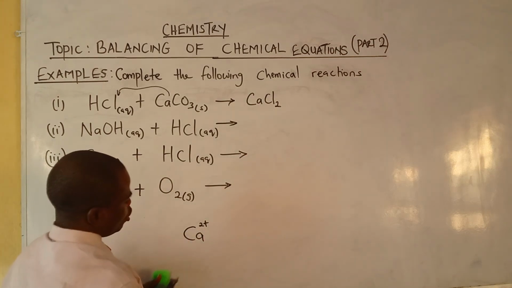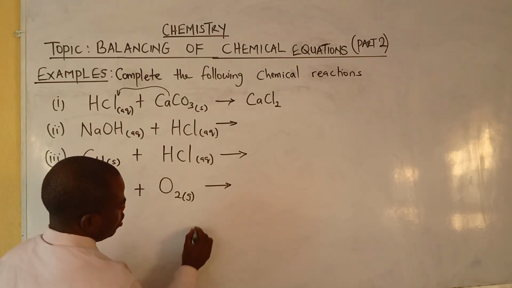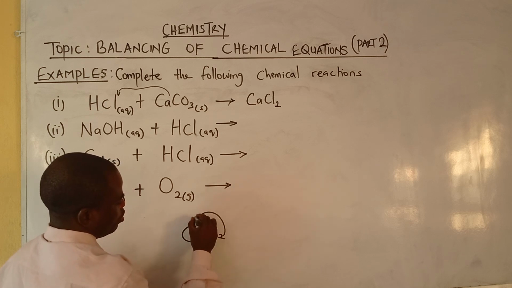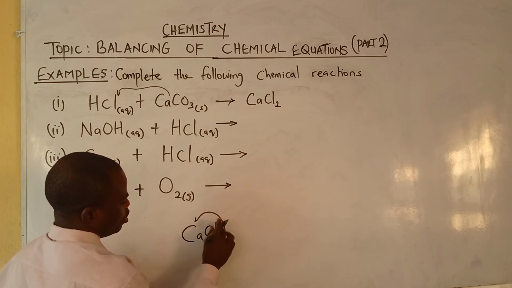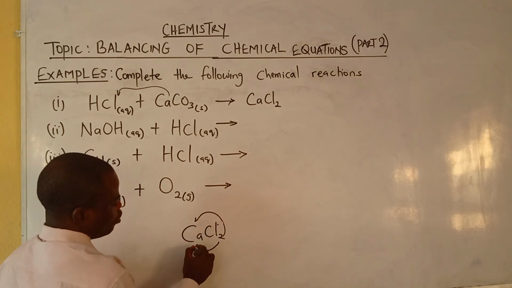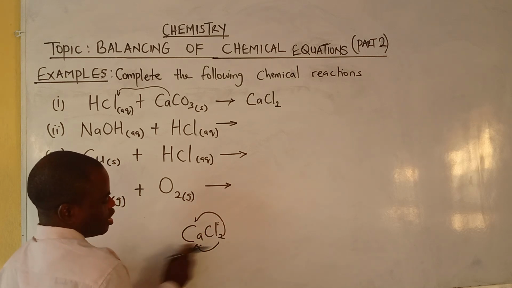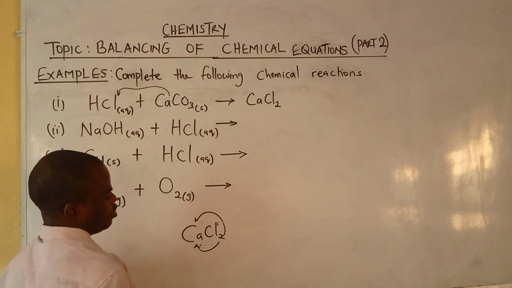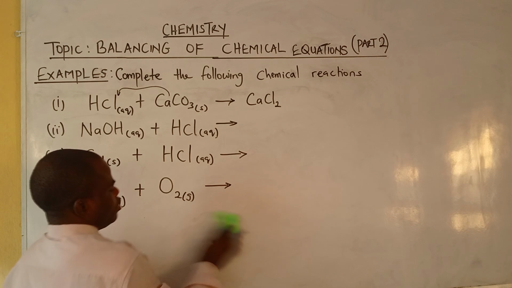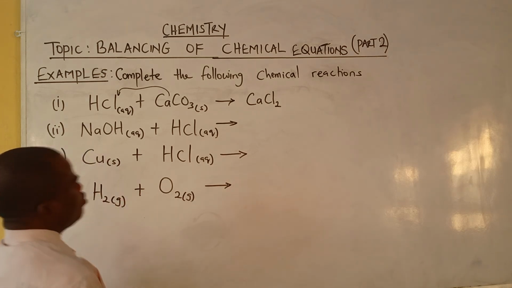So when you're having calcium chloride like this, these 2 go here, while this -1 that is here comes here to form 1. That's why you didn't see anything here. It's 1. This 2 is for this cation, the ion on top of calcium.